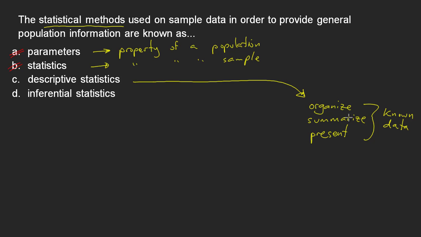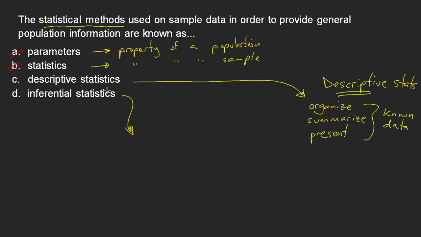And so on. I could present it in the form of some sort of a graph or something. That would be descriptive statistics. Now, an easy way to remember that is you're simply describing what it is that you see, what it is that you've observed.